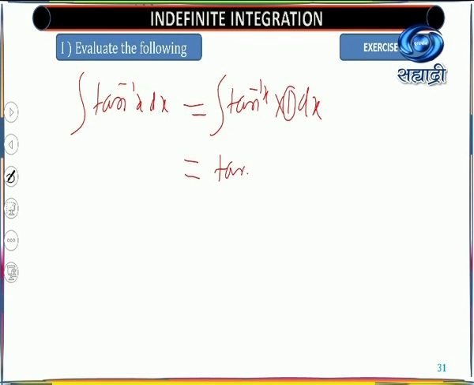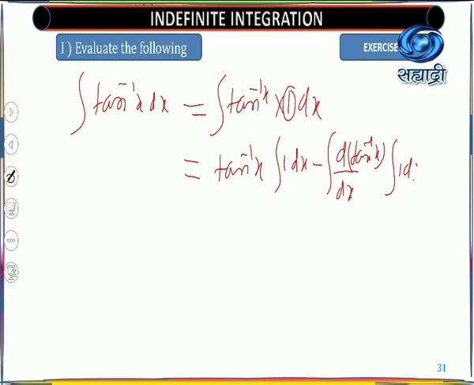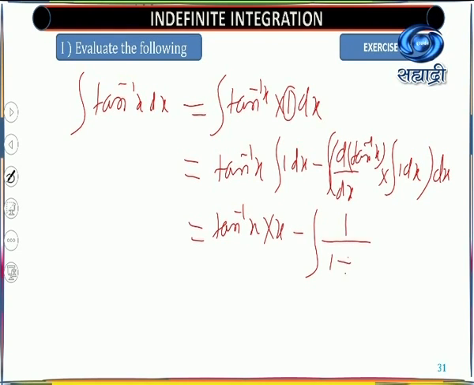So it is tan inverse of x into the integration of 1 dx minus the integration of the derivative of tan inverse of x into the integral of 1 dx, and whatever result you get, the product of it is again an integrable function. So you will get tan inverse of x into x minus the integration of the derivative of tan inverse x, which is 1 upon 1 plus x square, into x dx.